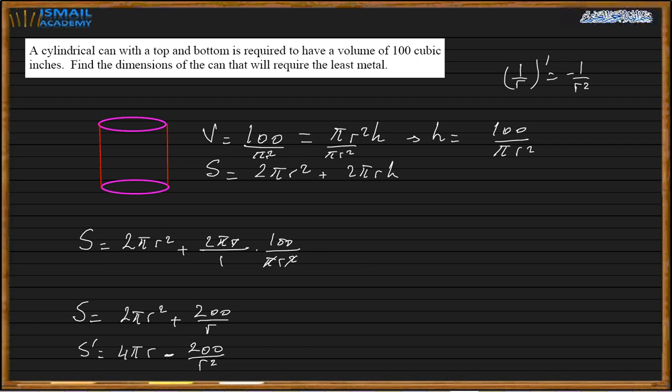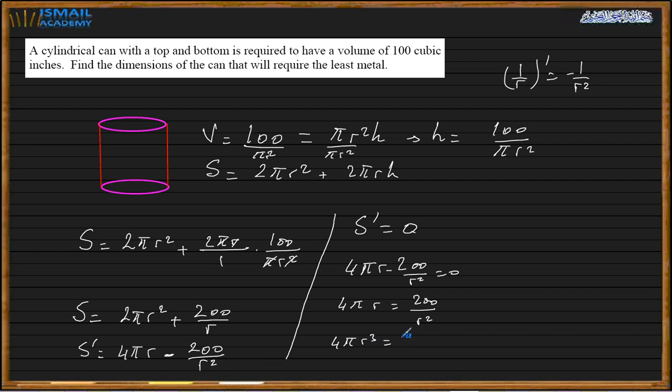So now what I do, I make S prime equal 0. So we'll end up having 4 pi r minus 200 over r squared equals 0. Which means that 4 pi r equals 200 over r squared. Now I multiply both sides by r squared, so it's going to be 4 pi r cubed equals 200.